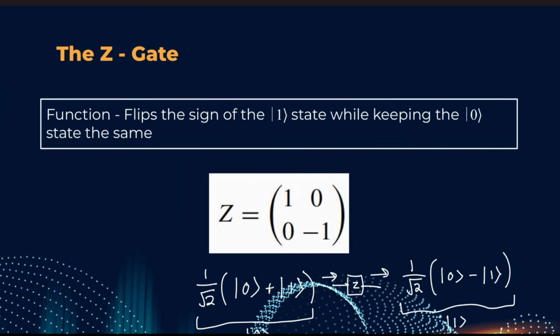And now another thing that we could look at with the Z gate is how closely it is related to the Hadamard gate. We can apply an identity that gives us this. So what this is saying is the Z gate is a qubit going through the Hadamard gate, then the X gate, then the Hadamard gate again.